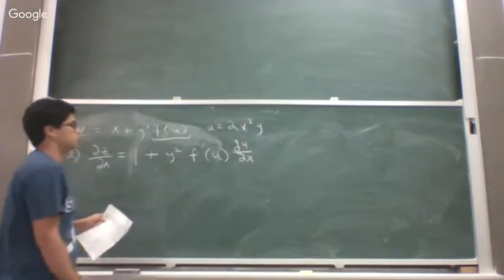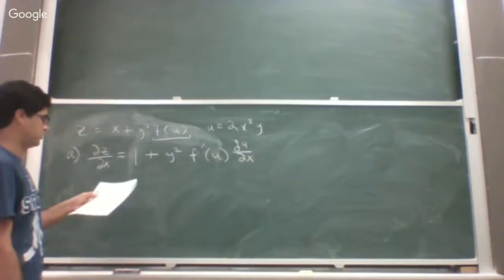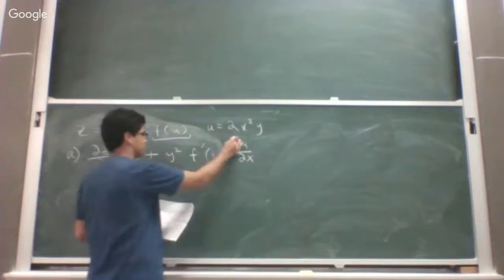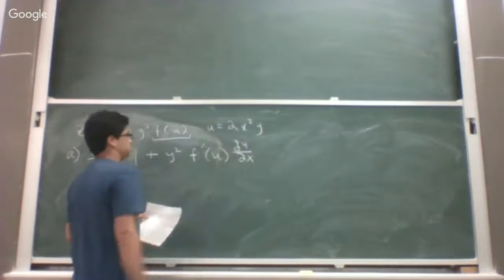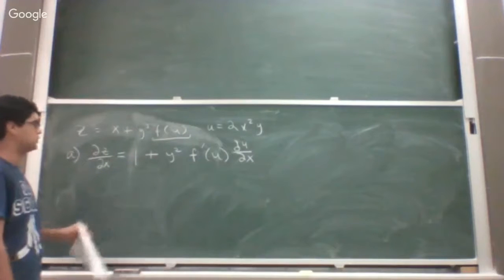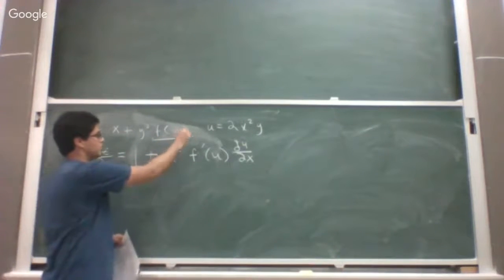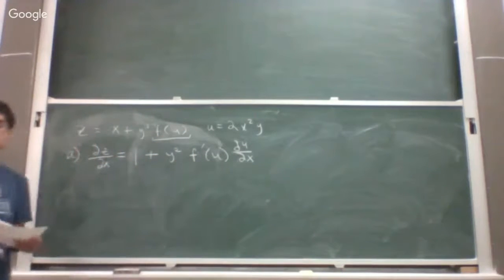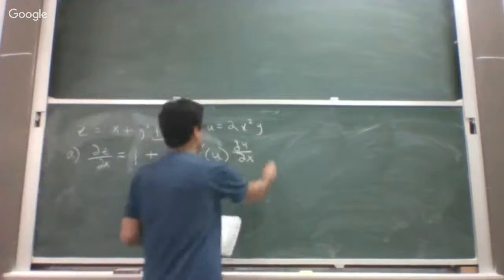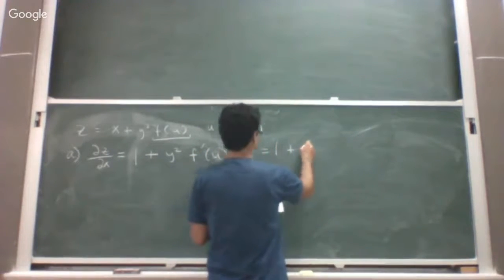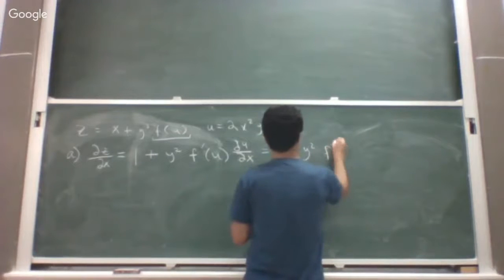Those are partials. Because it's like the chain rule. We take the derivative of the function and then the inside, so the function times du dx. So this is equal to 1 plus y squared f prime of u.